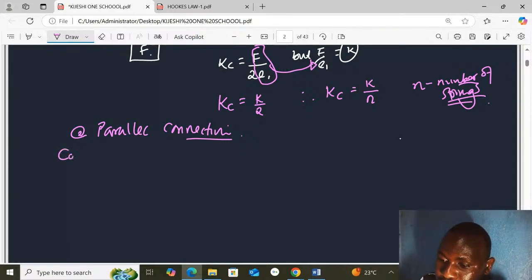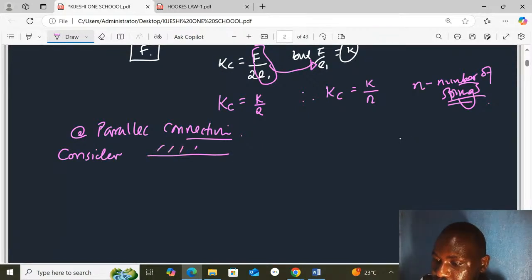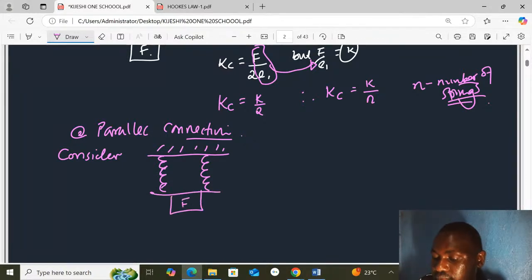Consider when you're having two springs, like that.